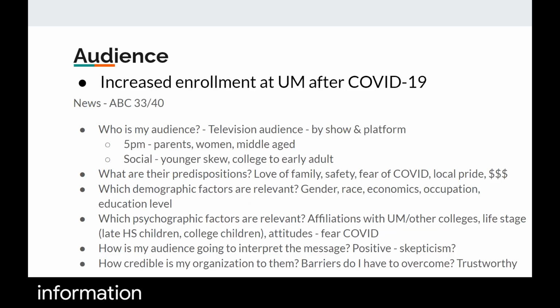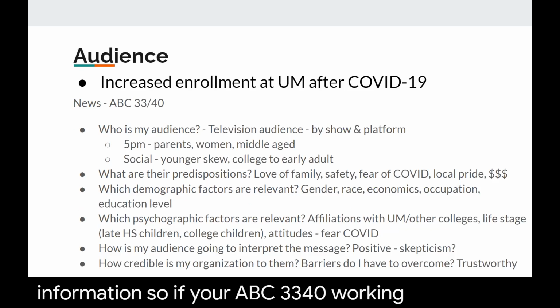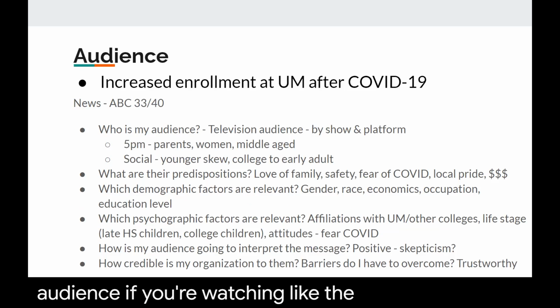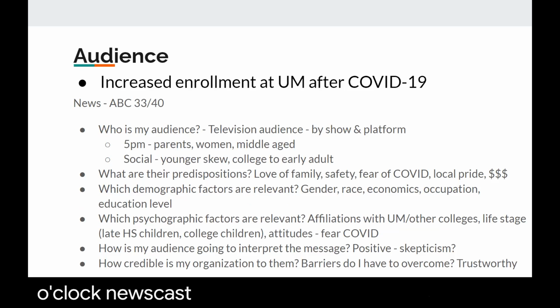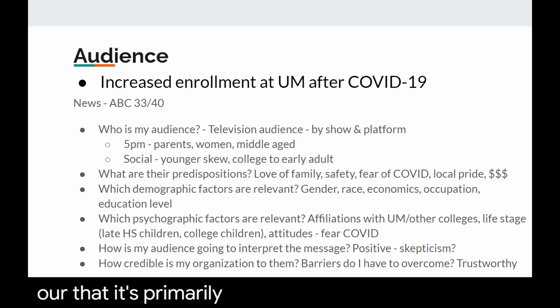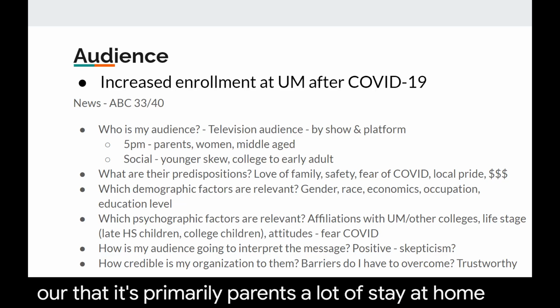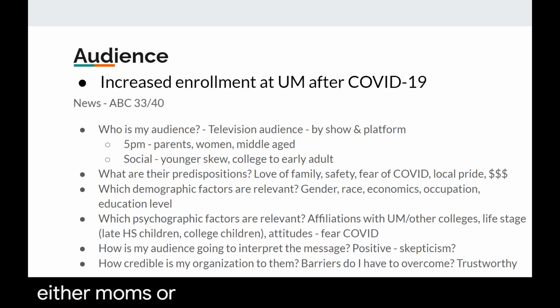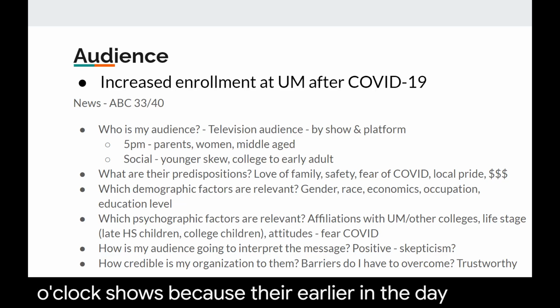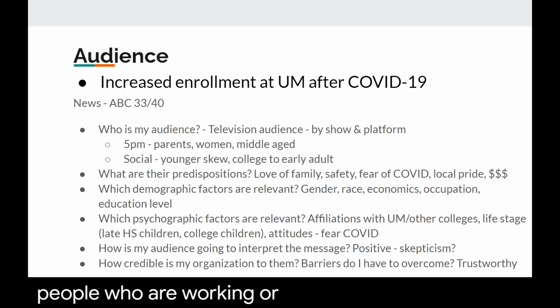So if you're ABC 3340 working on this story, your audience is going to be either your television audience, if you're watching like the 4:30 or 5 o'clock newscasts. The demographics of that show are that it's primarily parents. A lot of stay-at-home, either moms or dads, tend to watch the 4:30 and 5 o'clock shows because they're earlier in the day when people who are working are still at work.